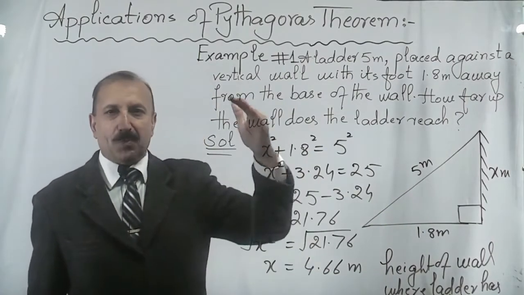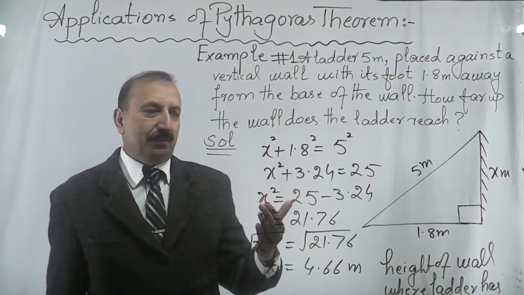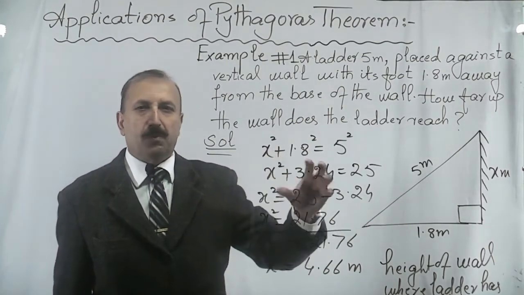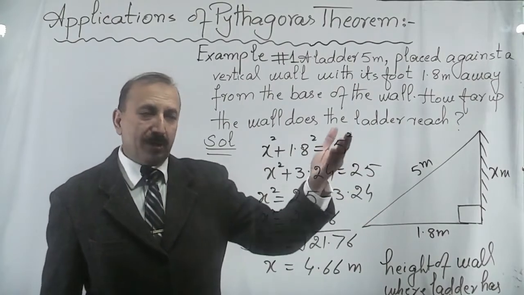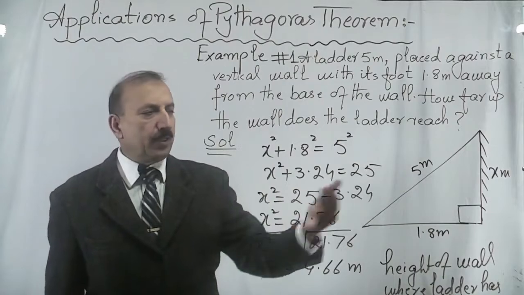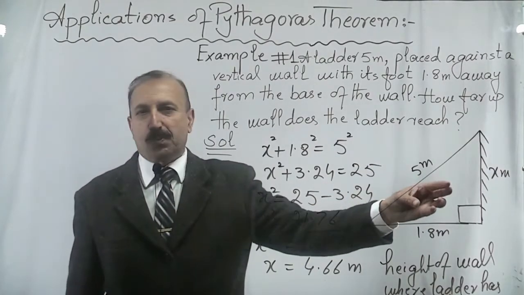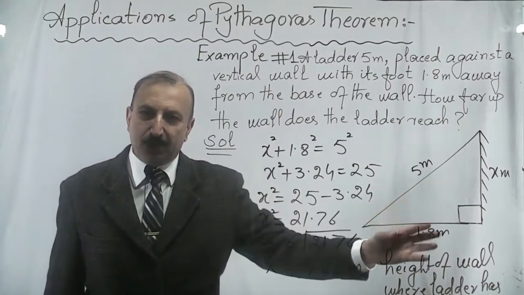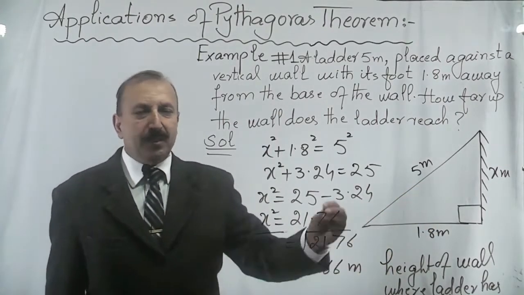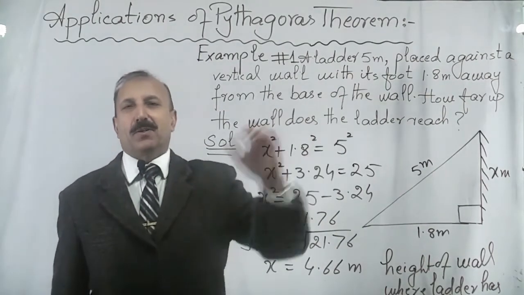In the application of Pythagoras theorem, 99.99 percent of the time you will find that the figure will be a sort of right angle triangle, or part of the figure can be converted in the form of a right angle triangle, and then you will use Pythagoras theorem that will give you the unknown side, unknown value, that will be the answer, or this will help you reach the answer of that word problem.